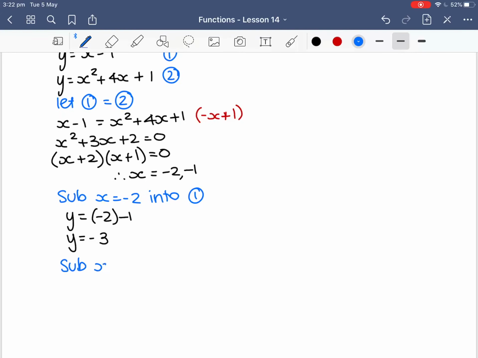And we're going to sub x equals minus 1 into 1. So we get y equals minus 1 minus 1. So y will equal negative 2.